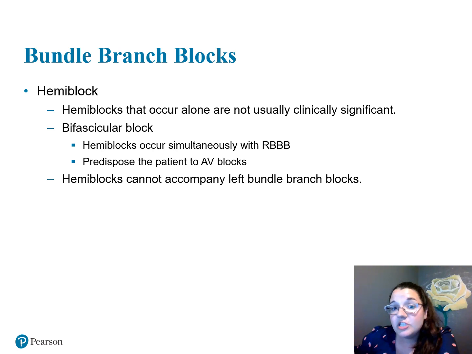Your right bundle branch block can occur simultaneously with a hemiblock. So that means I can have a block on my right bundle branch and I can have a hemiblock. Where are my hemiblocks? My left bundle branch. Left anterior hemiblock or left posterior hemiblock. Very, very confusing. Make sure you understand this.